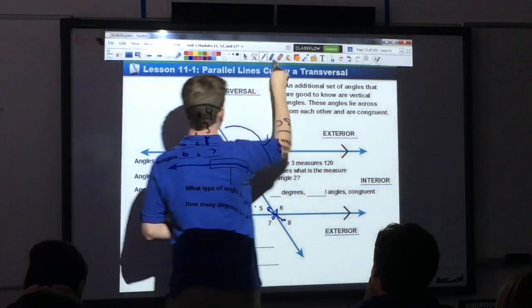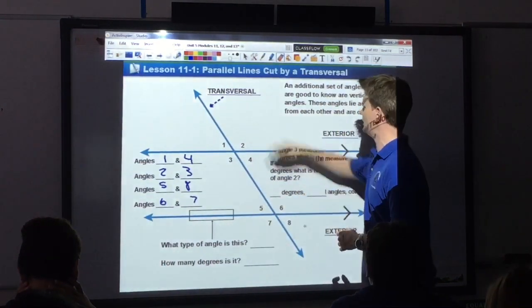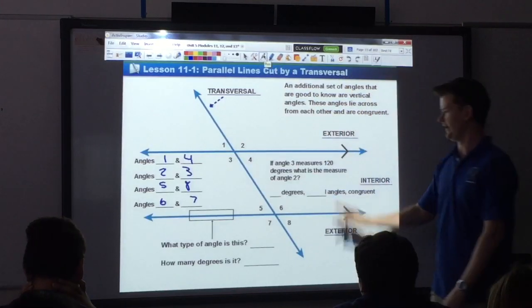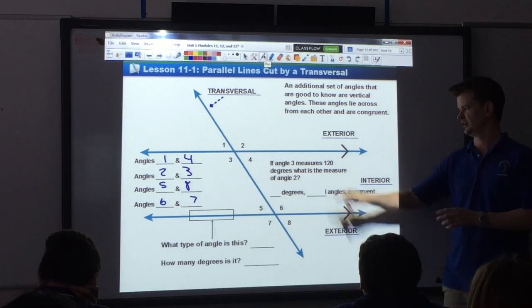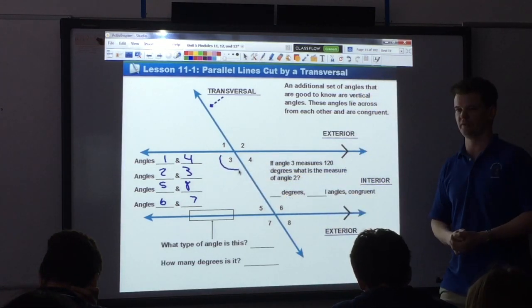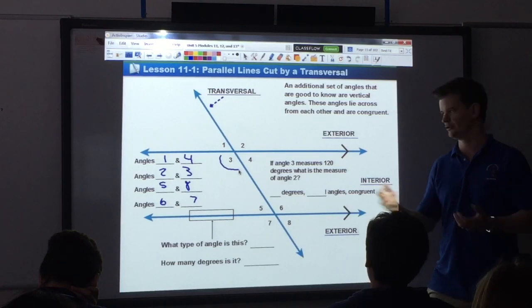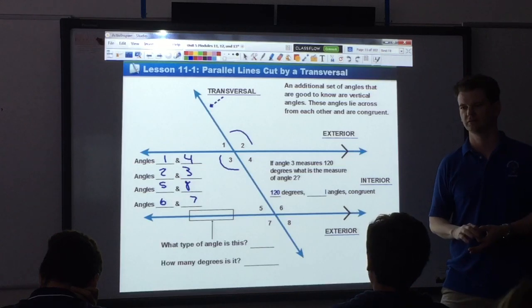All right, let's actually go in and answer a couple other questions here. If angle 3 measures 120 degrees, what is the measure of angle 2? 130 degrees. Why? Because they are what?